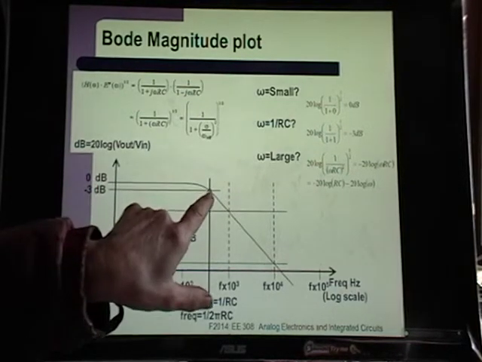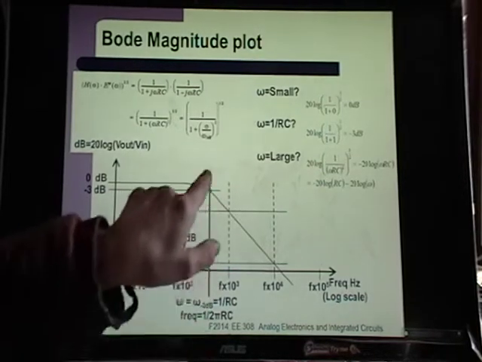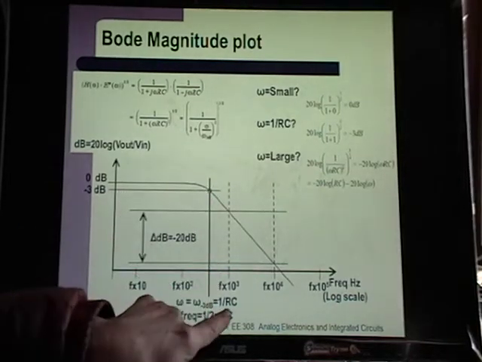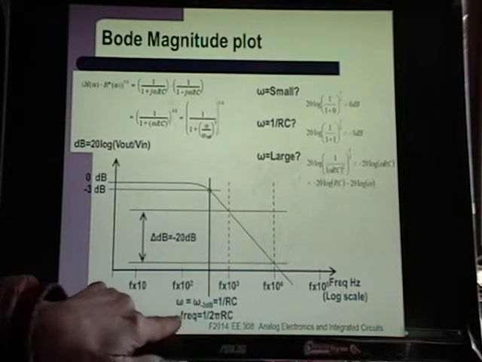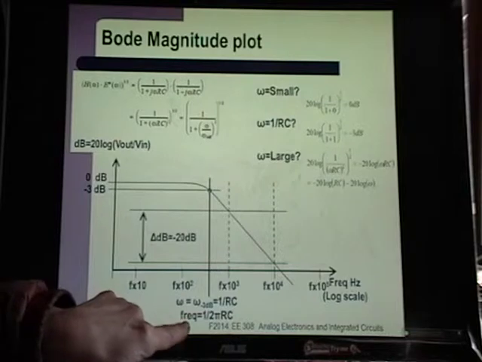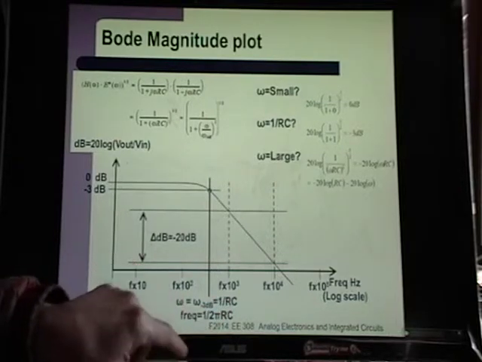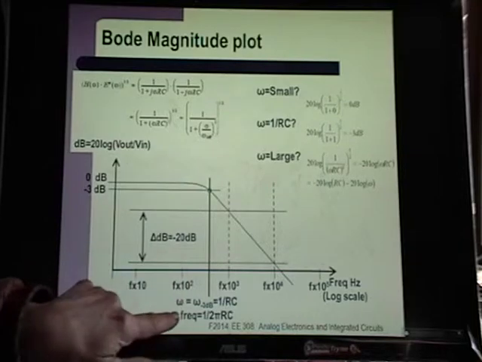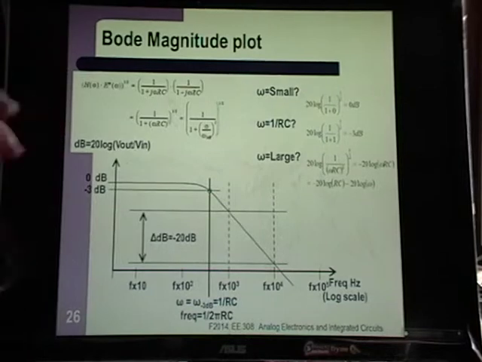Okay. That at this pole right here, it's 1 over RC, and that's if you're in the omega realm. If you're in the frequency realm, then you have to multiply the RC by 2 pi. Okay, so if you're in the Hertz realm, you need to multiply the RC by 2 pi, and it's 1 over 2 pi RC.